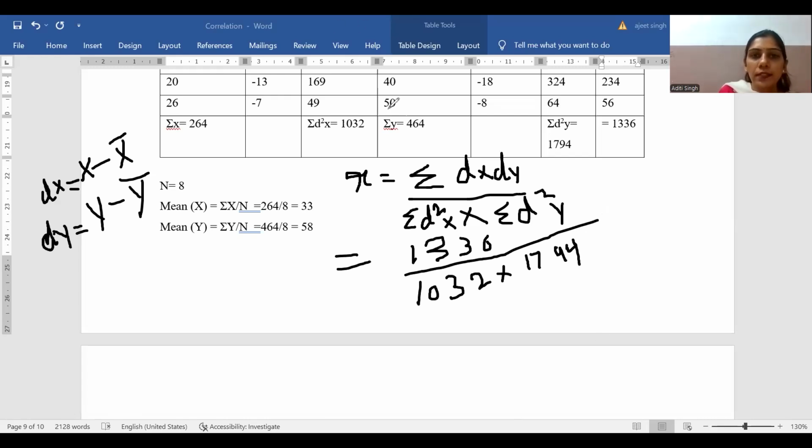Okay, let's calculate it. First of all, we have to multiply the lower part, 1032 multiplied by 1744. The answer is actually very big, so we have to put the under root also here.